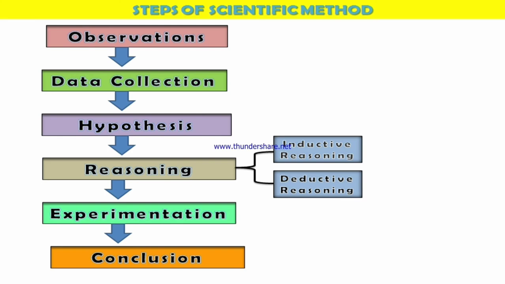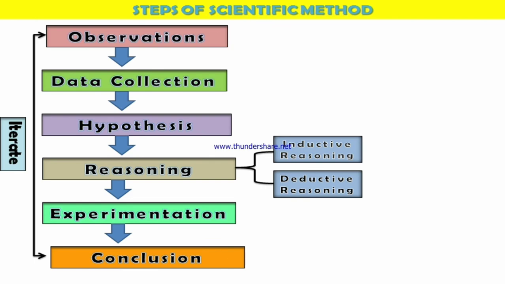Once your experiment is completed, collect your final results and analyze them to see if they support your hypothesis or not. If your result or conclusion doesn't support your hypothesis, go back and repeat your procedure for a new hypothesis. The procedure is called iterate.